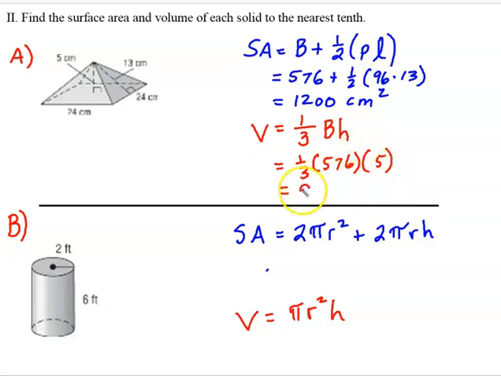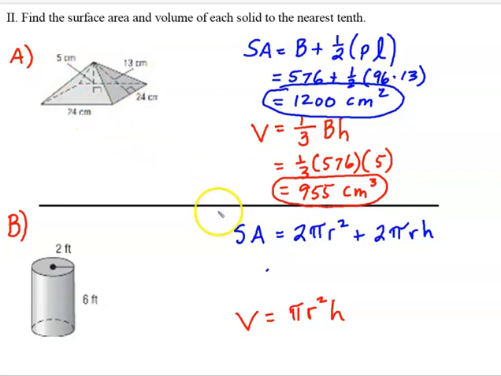And that's 955. And volume will be in cubic units. So this will be 955 cubic centimeters. So those are our two answers for Roman numeral 2, part A.